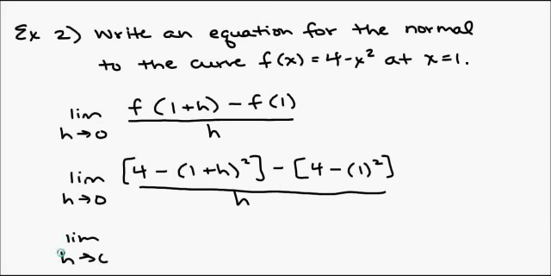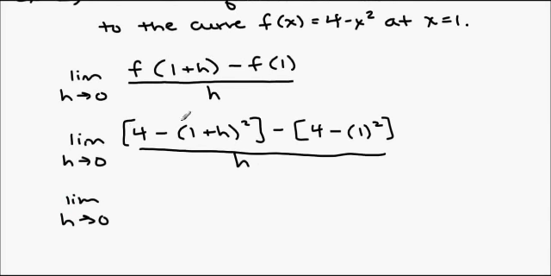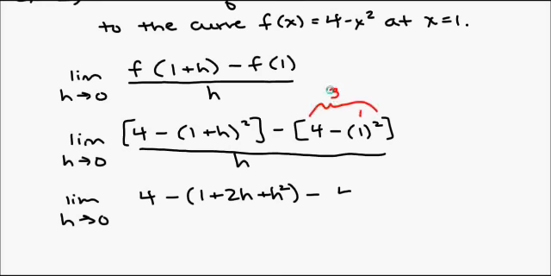Limit as h approaches 0 of 4 minus, this is going to be 1 plus 2h plus h squared. Minus, well, 4 minus 1 squared is 1. 4 minus 1 is 3. So I'm going to write a 3 here to save myself some writing. Over h.